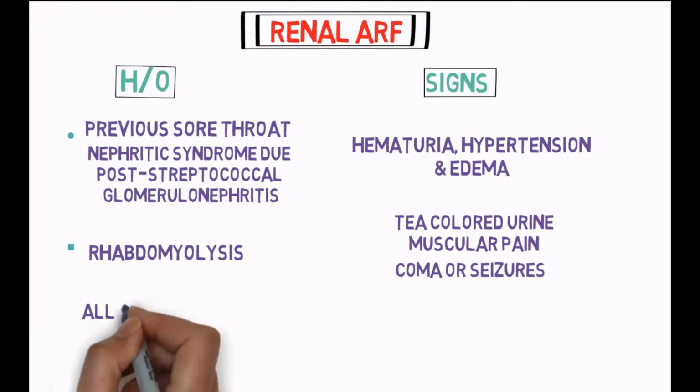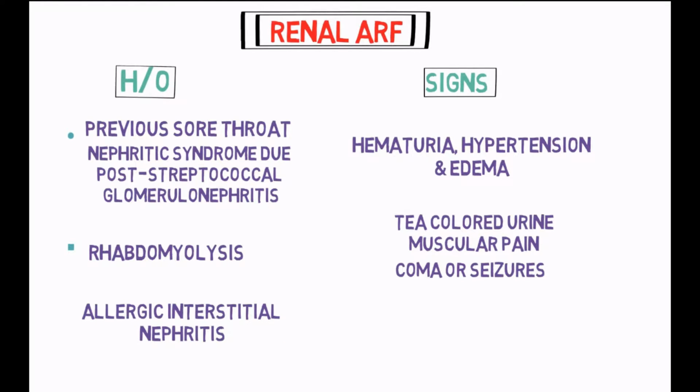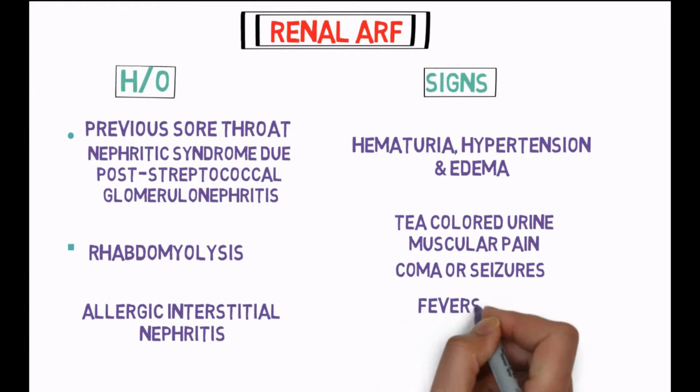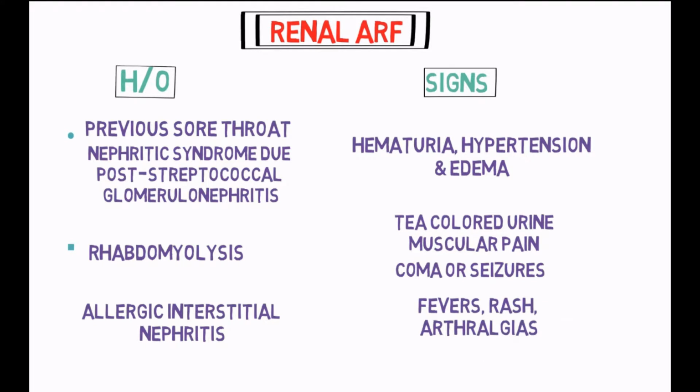Allergic interstitial nephritis is also an important cause of renal type of ARF, and the patients present with fevers, rash, and arthralgias. These patients can also have exposure to medicines like NSAIDs.